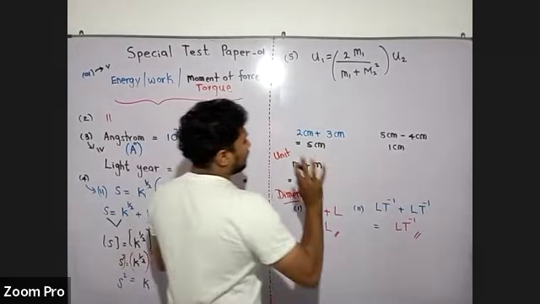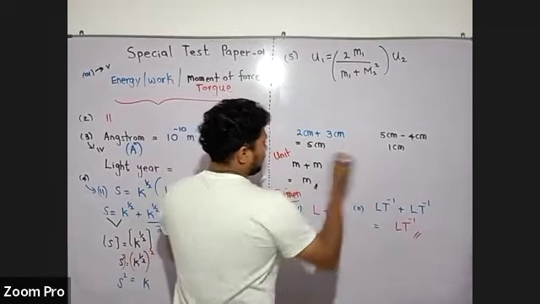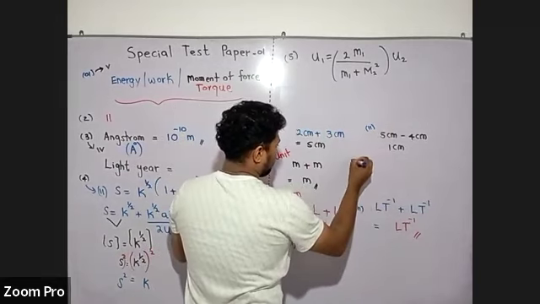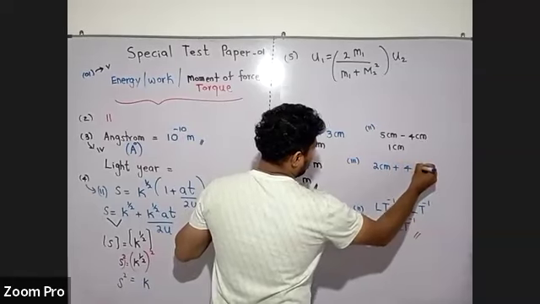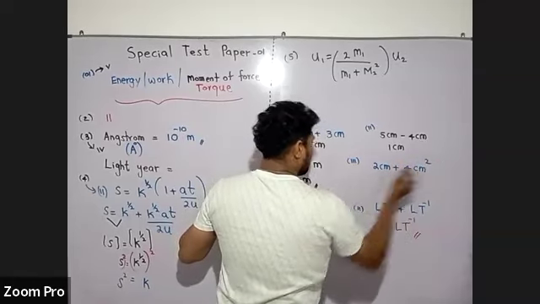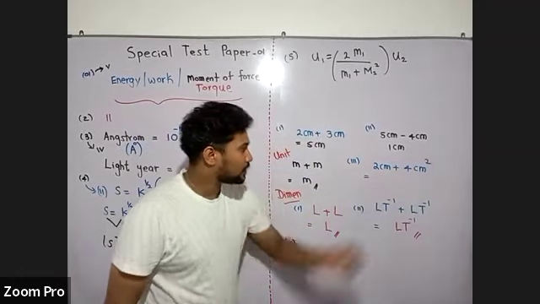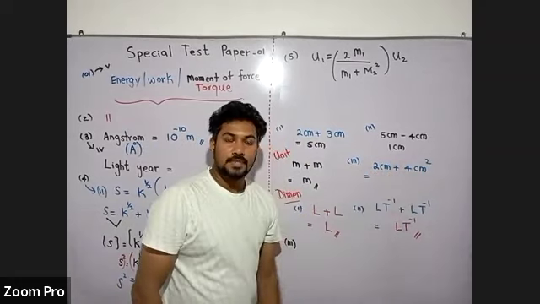Guys, are we able to perform this simplification? Let's take this one: 2 centimeters plus 4 square centimeters. So generally, can we make this addition? No, because these two terms have different types of units.